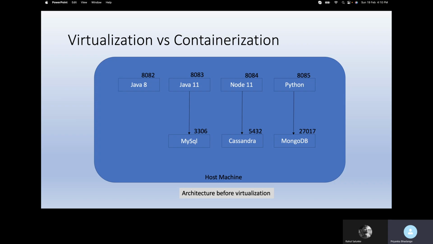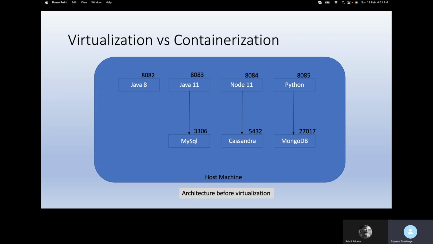Whenever there was a need to install another one, let's say if I want to run Java 12 on that same system, it was giving a problem with respect to the library dependencies and its dependent packages. That's the problem we had with a single host server machine.